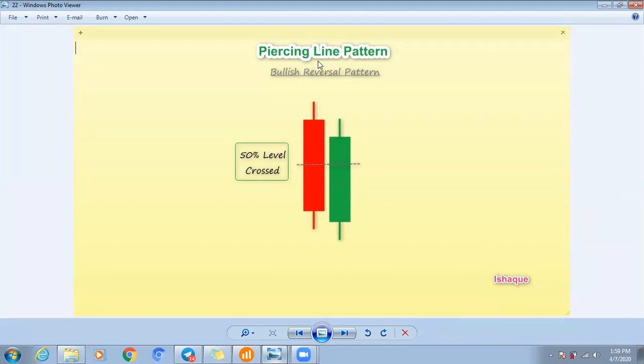Yes, it depends upon both candlesticks, how I'm drawing this candlestick. If you find this bearish candle, if you find... what happened? No, I don't know what happened.